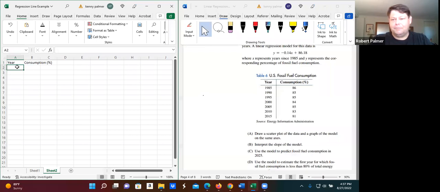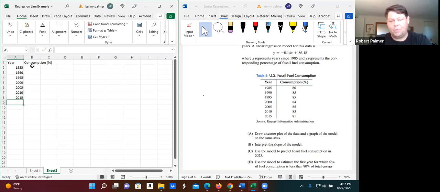And just put in our data. 1985, 1990, I just like to put the X's in first. 1995, 2000, 2005, 2010, and 2015.